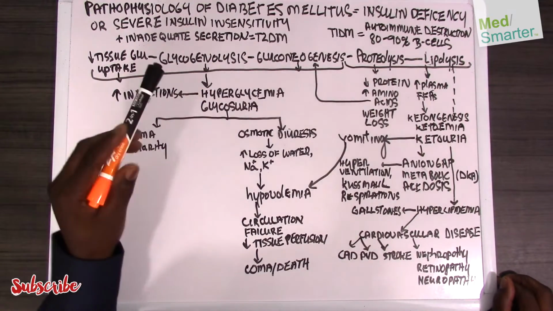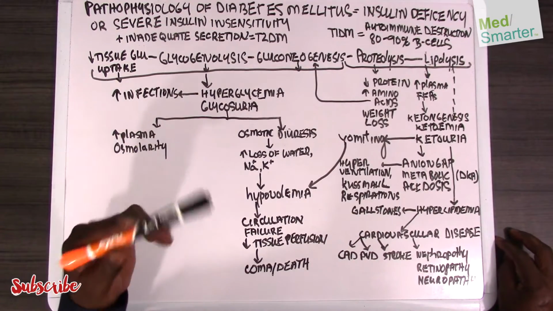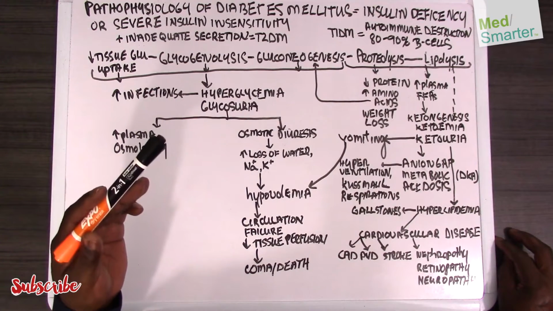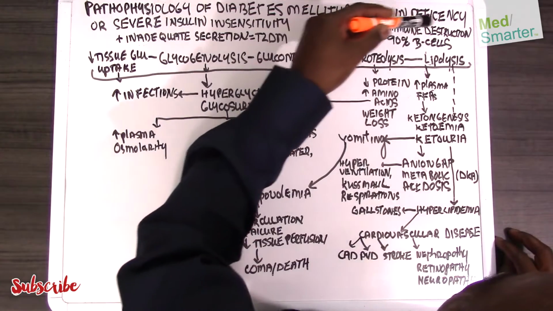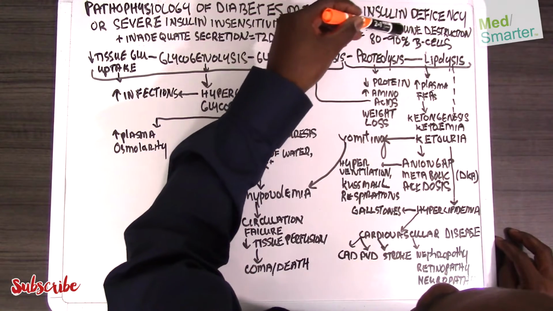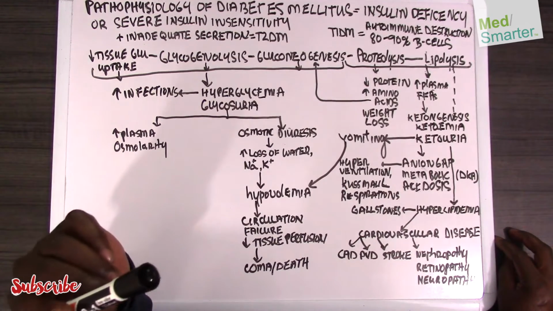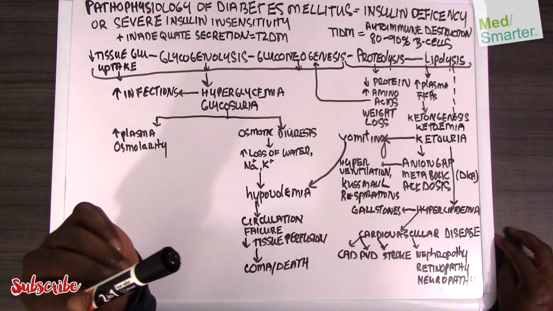The major factor that is responsible for triggering the pathophysiologic cascade in type 1 diabetes mellitus is autoimmune destruction of 80 to 90% of the beta cells in the islets of Langerhans of the pancreas.